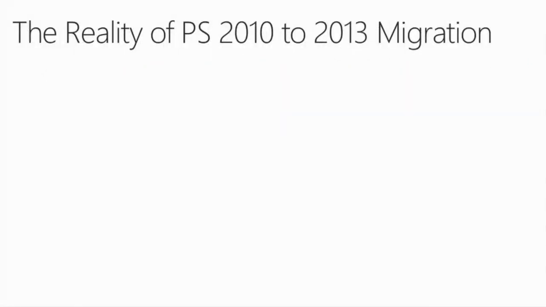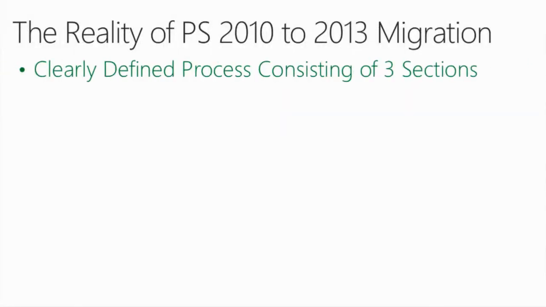So in reality, our migration has a clearly defined process, consisting of 3 main sections: planning and preparing for the upgrade, copying your 2010 databases to your new database server that you're going to use for your farm in 2013, and consolidating your Project Server databases and upgrading those consolidated Project Server databases and your content database also.